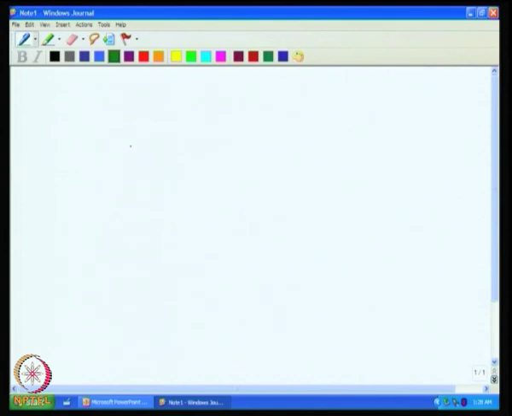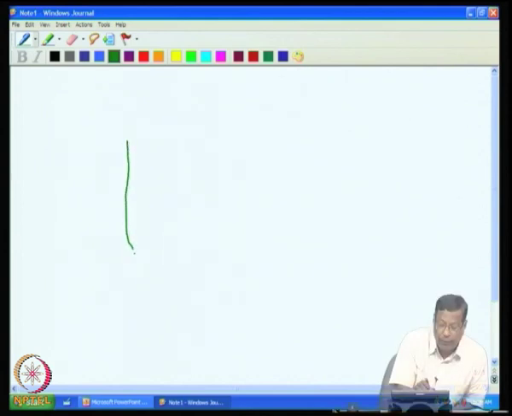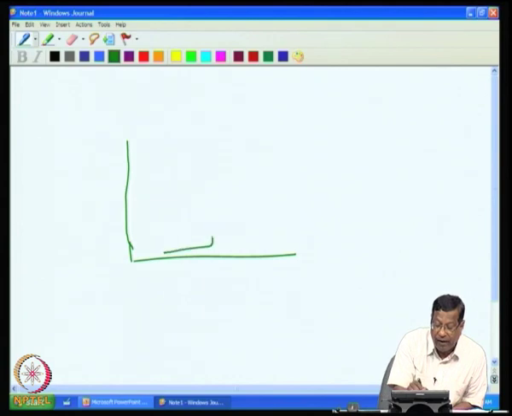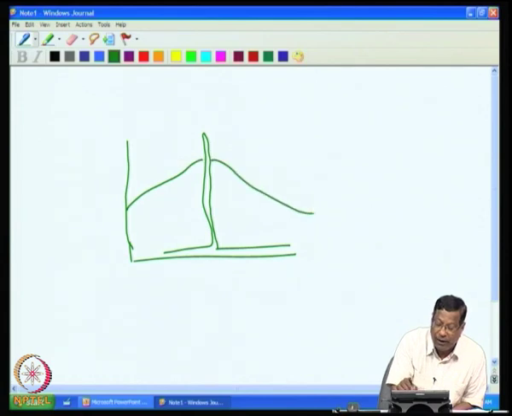For example, if you have your emission line like this, very small emission line, and your molecular absorption due to cyanogen etc. This is the absorbance.